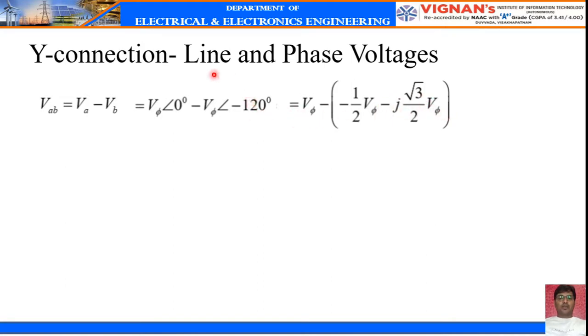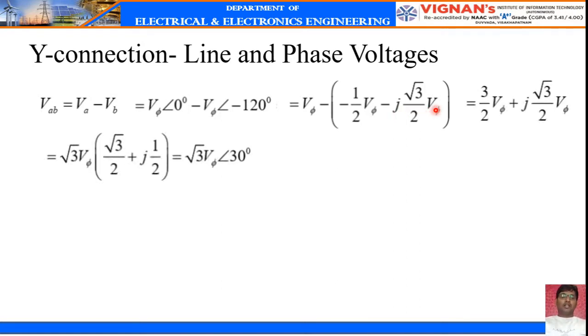So this term, written in polar form, is converted into the rectangular form. Now doing the mathematical calculations, 1 minus of minus 1 by 2 will be 1 plus 1 by 2, that is 3 by 2 into V phi, minus j into root 3 by 2 V phi. So we will get this term, and then you can take out root 3 common. What you get is root 3 times root 3 by 2 minus j into 1 by 2.